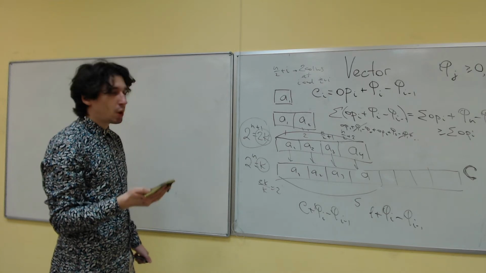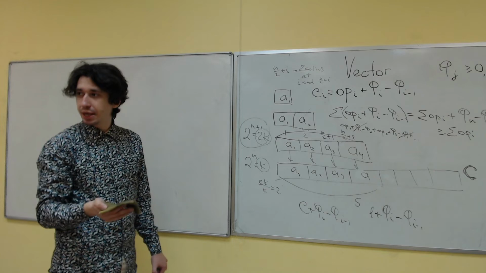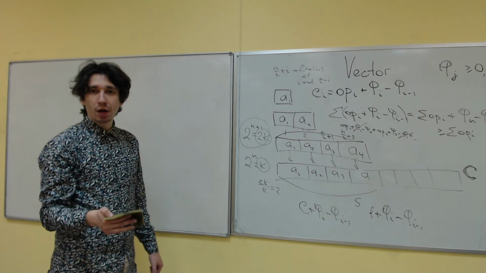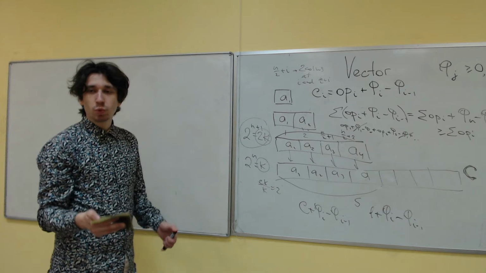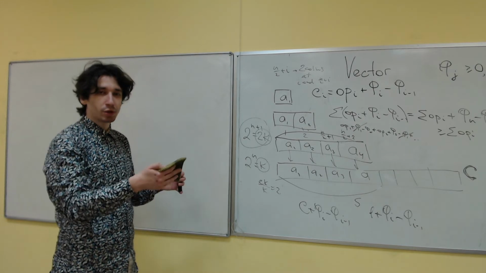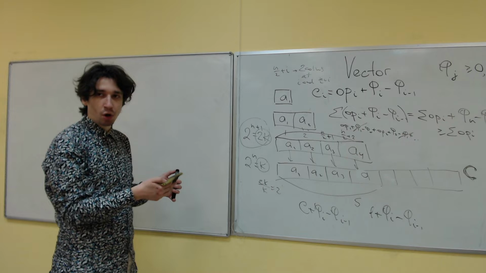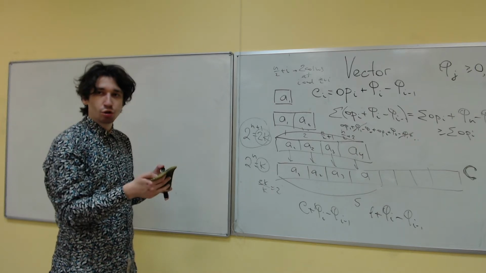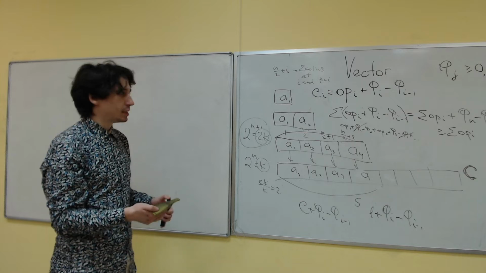That was when we only increase the vector, so the size can only increase. But what if we want to maintain the following: when you shrink, when your size is very small, then the capacity should also be small. So we should sometimes decrease the capacity.